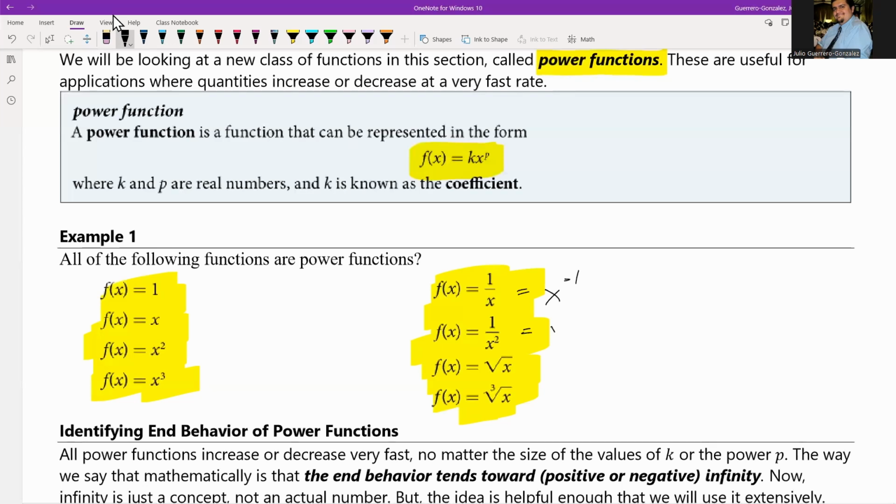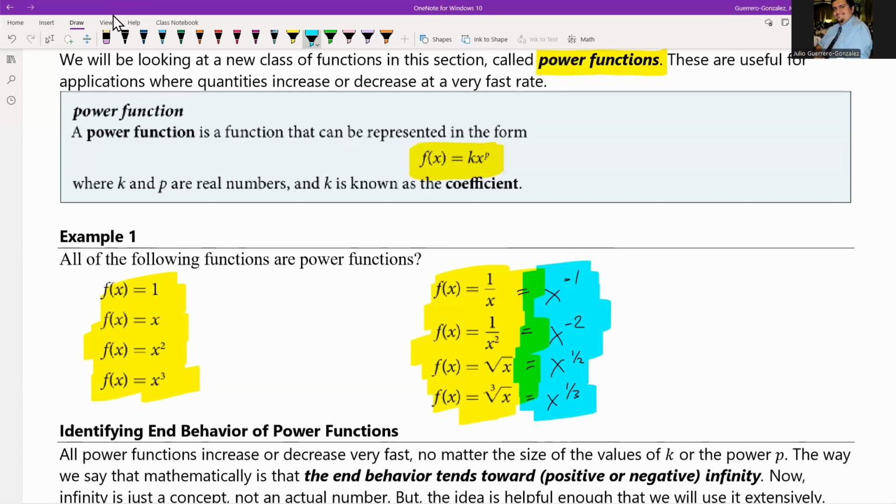The next one is x to the -2. We'll learn some more of these when we get to exponents, okay? The square root, hopefully you guys remember, that's x to the 1/2. And then this one is x to the 1/3. Some of you may not have seen these yet. That's fine. We'll get to those once we get to exponents.